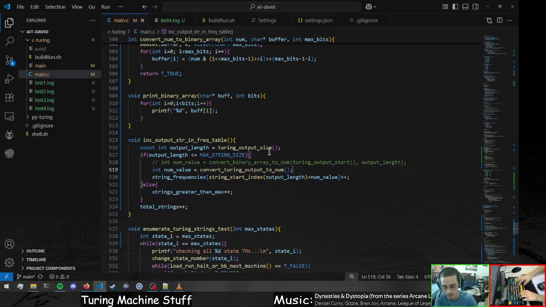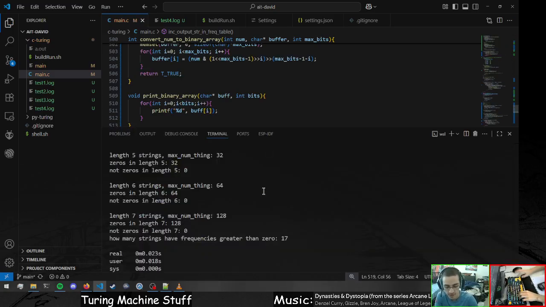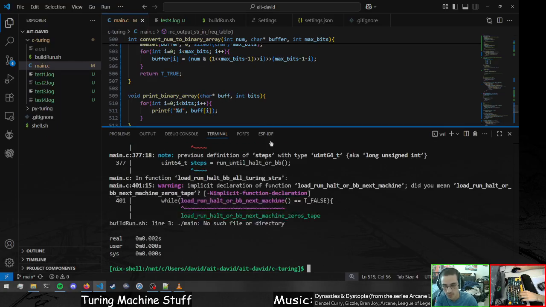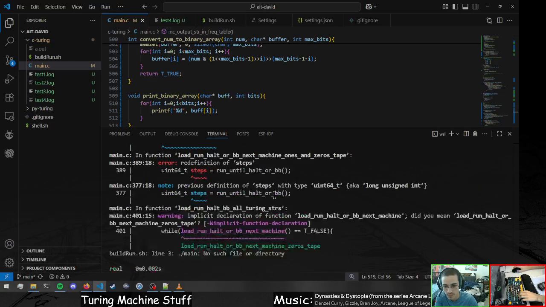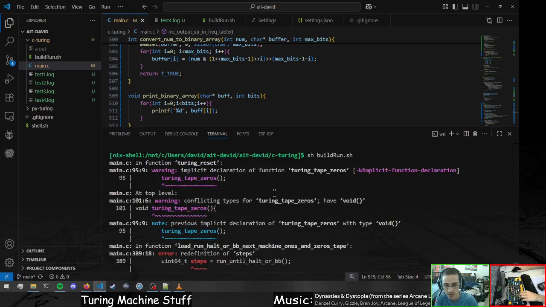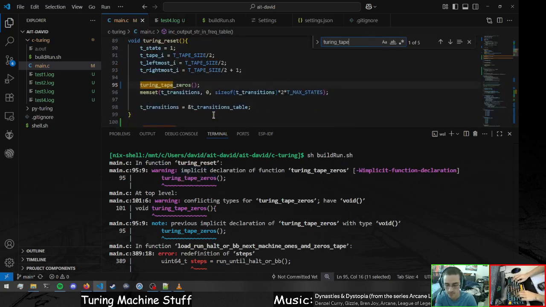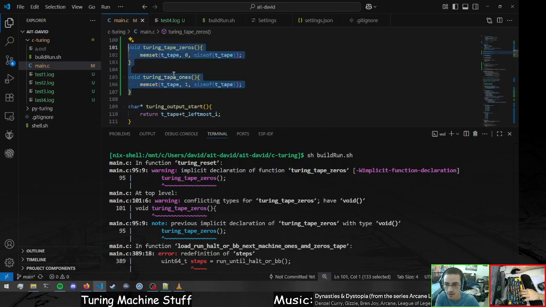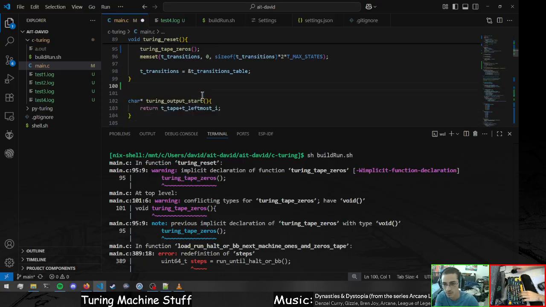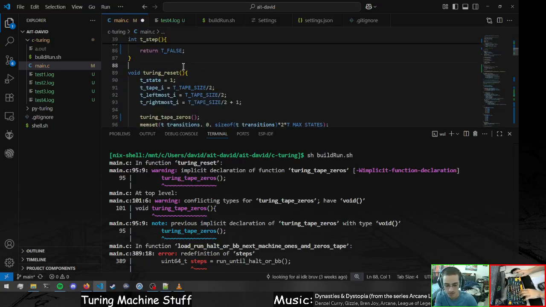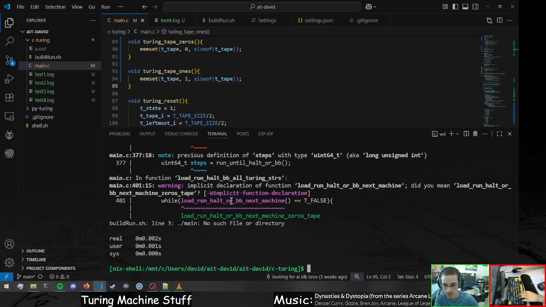And if this works, doesn't, okay. What happened here? What? Oh, whoops. Yeah, because this was defined after. So I have to put this here, just so it will compile.